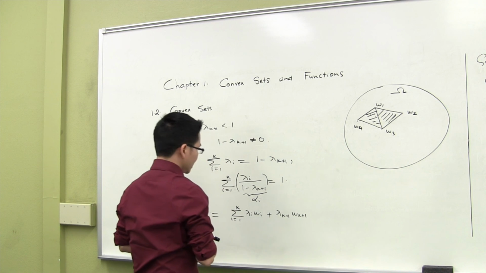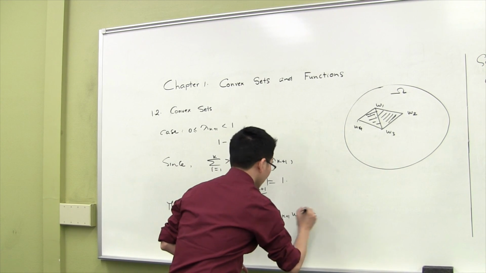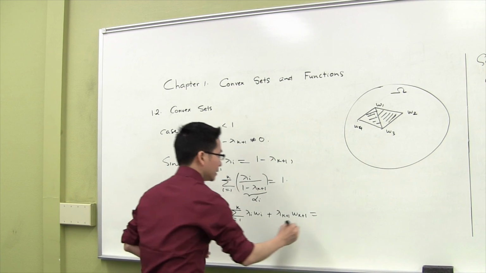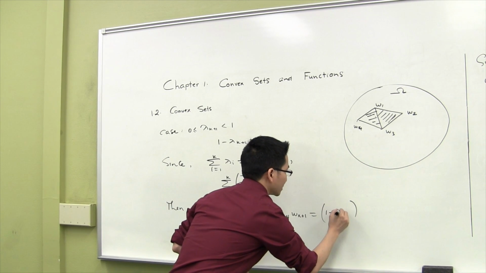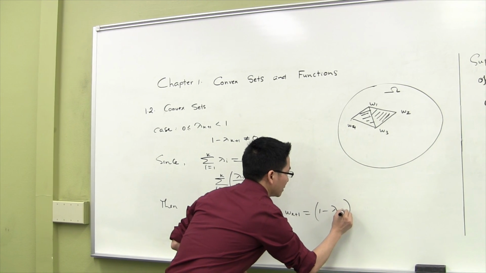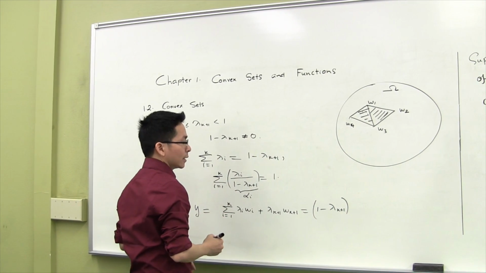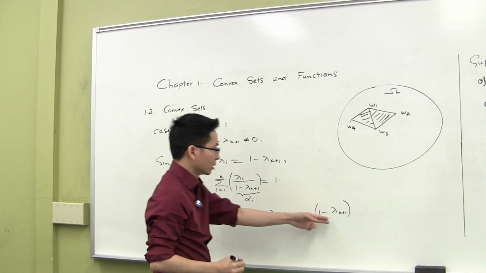So this is equal to, I'm going to multiply the first term by 1 minus lambda k plus 1, and then divide by the same number.